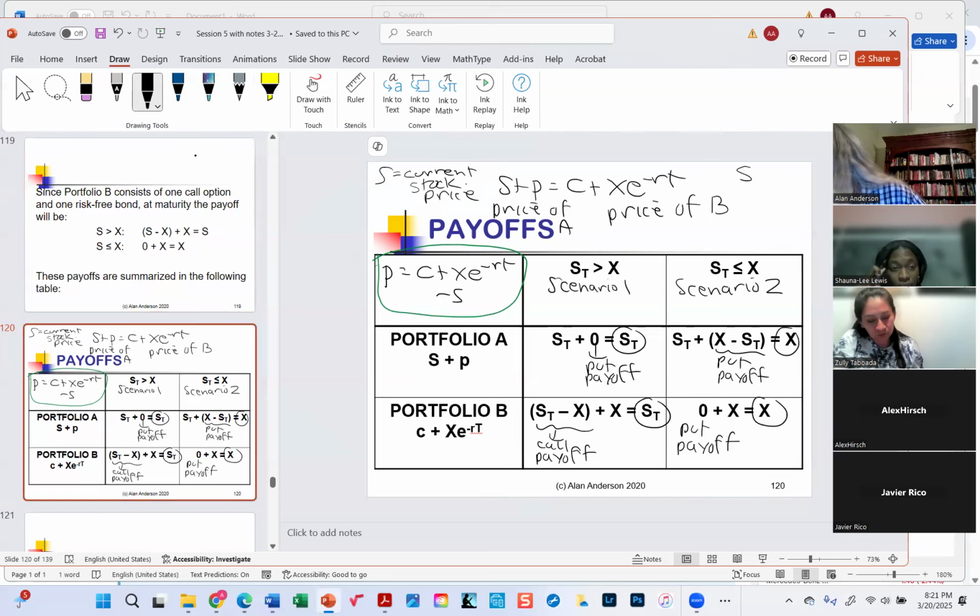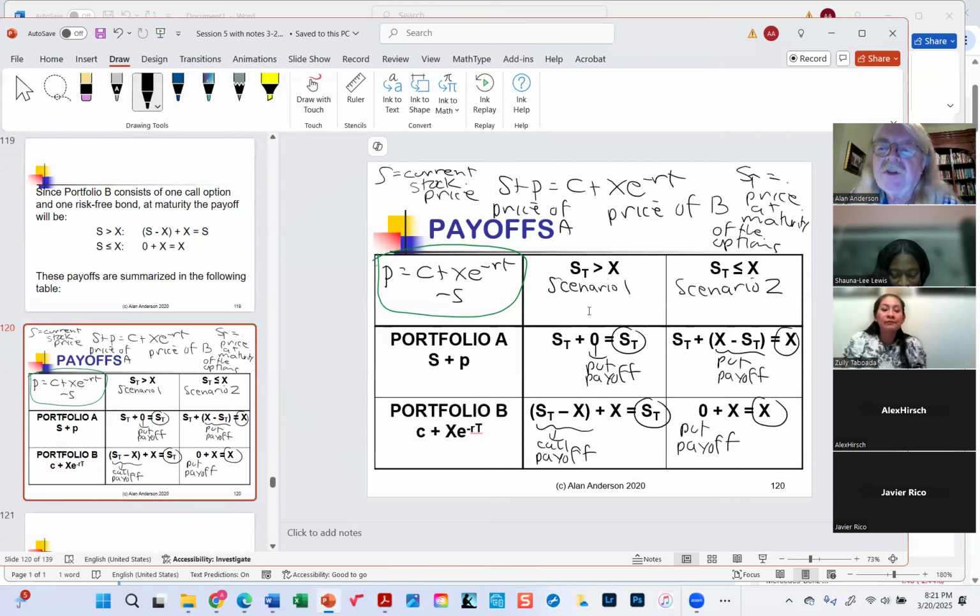When I put that little subscript there, that means the price at maturity of the options. All right, so in the first scenario, on the maturity date of the two options, the stock price is above X. In the second case, it's less than or equal to X.